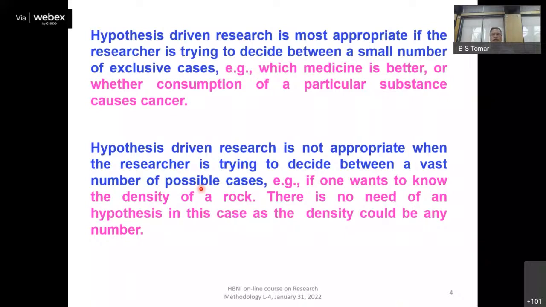That is why it is not that every research that one does in the laboratory has to have a hypothesis statement. Depending upon the type of research, one can make an assessment whether the hypothesis needs to be made.